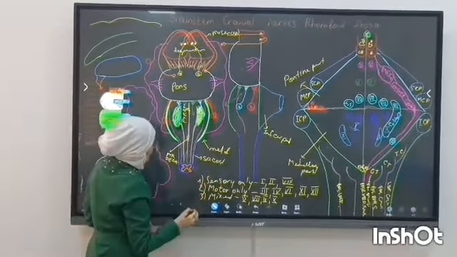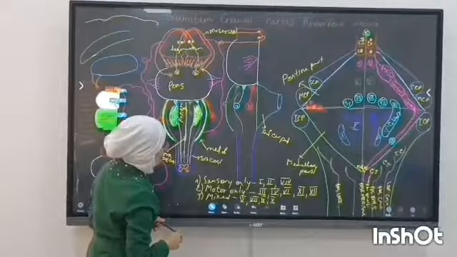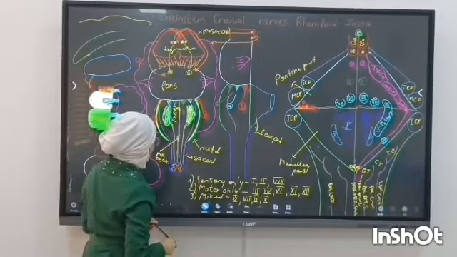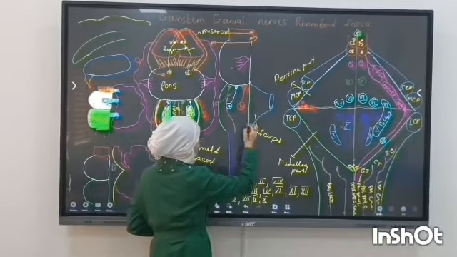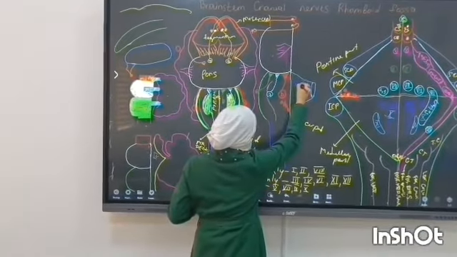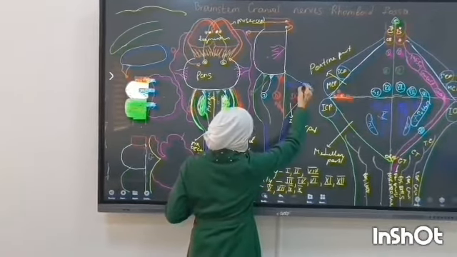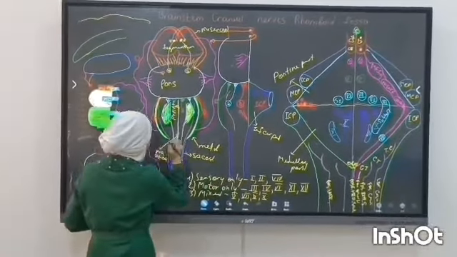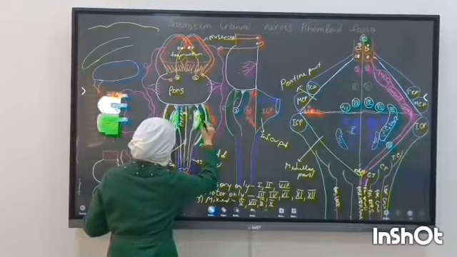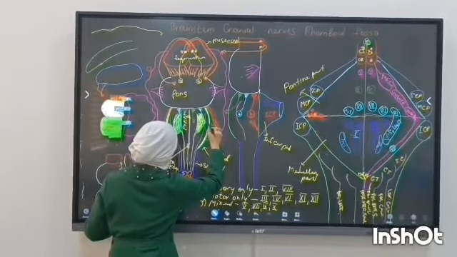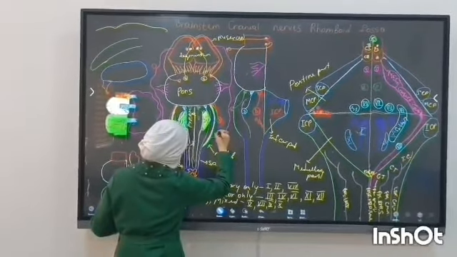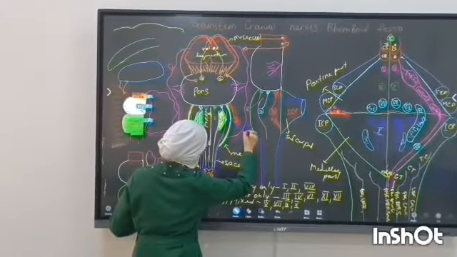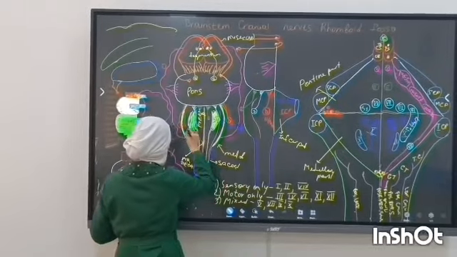And the ninth, nervus glossopharyngeus, apparent origin is between the oliva and the fibers of the inferior cerebellar pedunculus. Oliva and fibers of the cerebellar pedunculus.